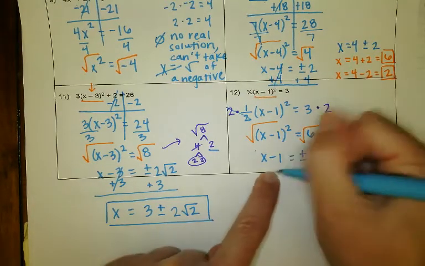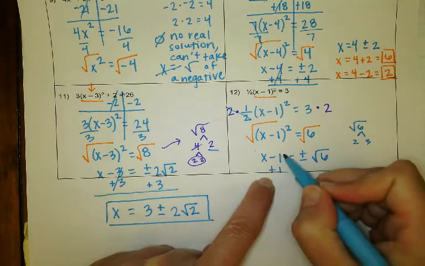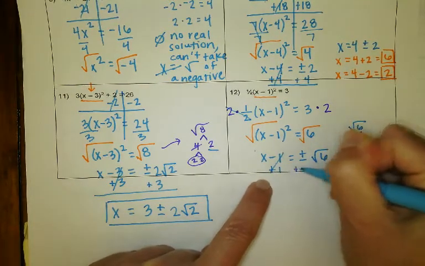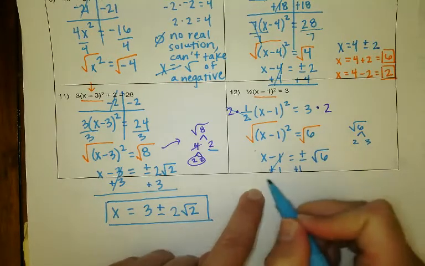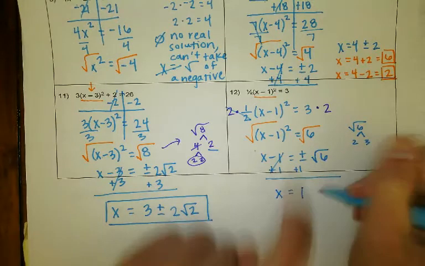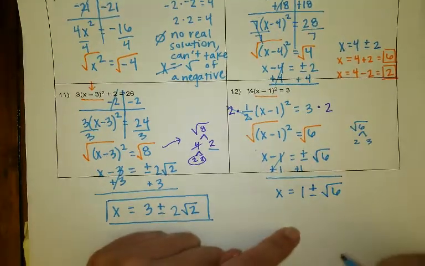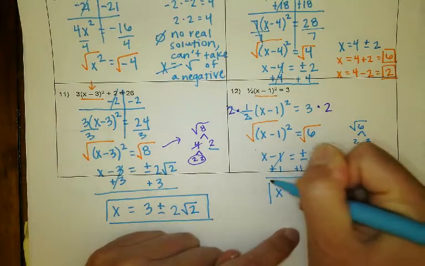All right, let's go ahead and cancel out. I'm going to add 1 so that x is going to be by itself. And I know that the positive 1 I'm adding is going to go in front of the plus or minus sign, and the square root of 6 will stay at the end. Final answer.